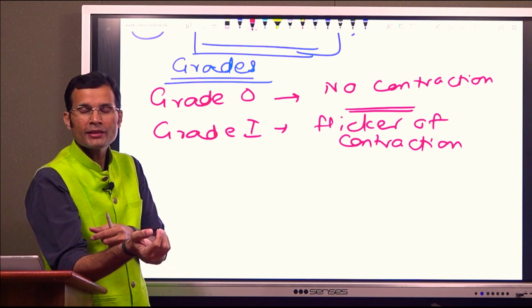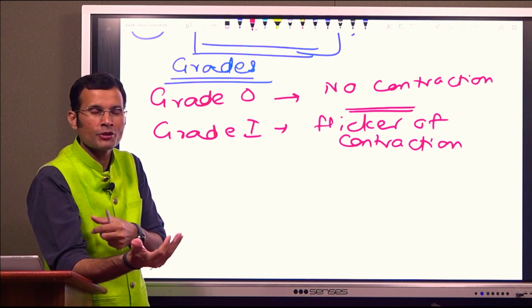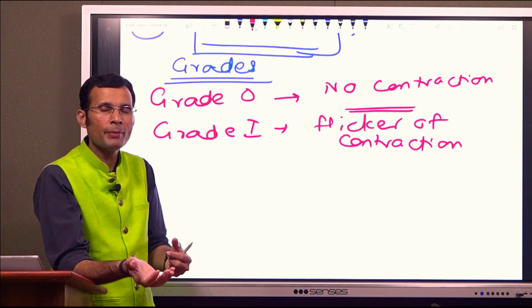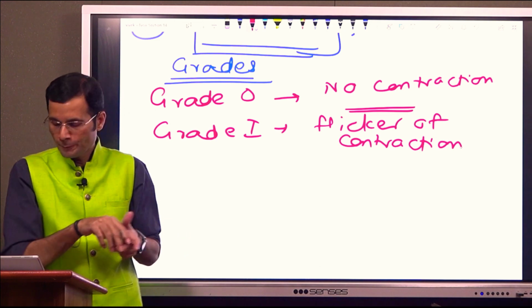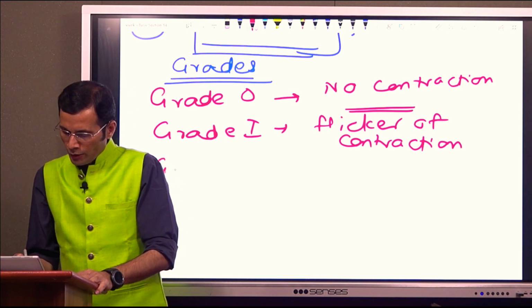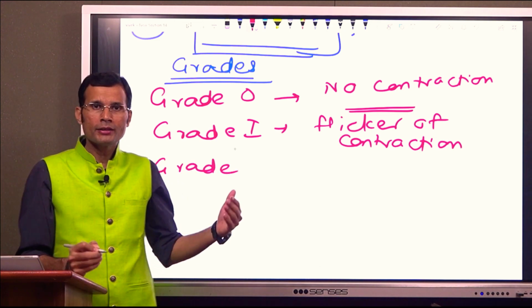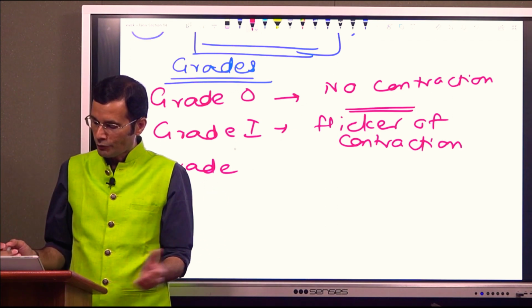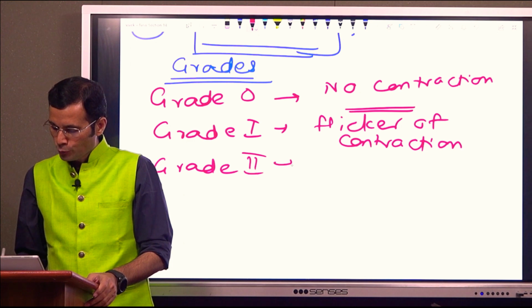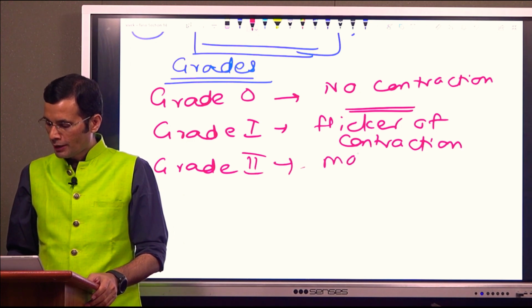You can just see that the muscle is flickering. I mean, there is some contraction, some attempt being made to contract the muscle. So a flicker of contraction can be seen there. But actually, joint is not moving. There is no movement possible. That was grade 1.